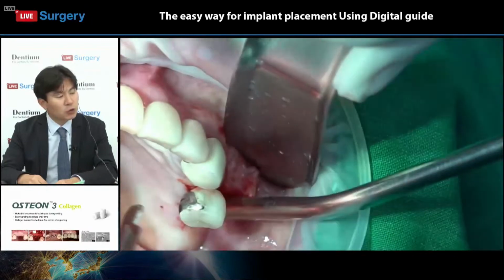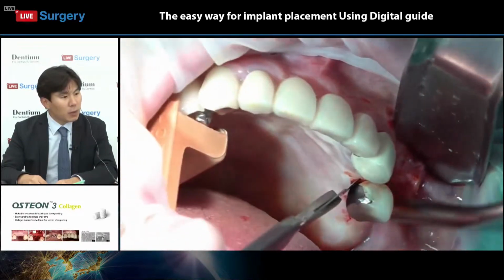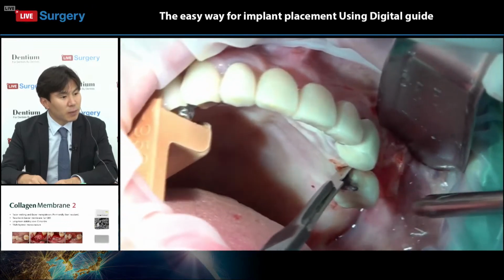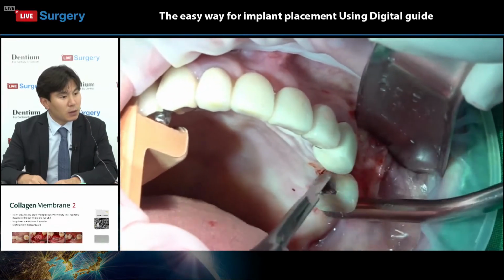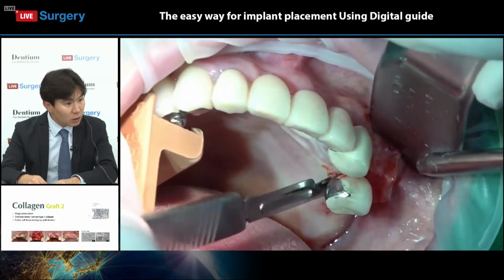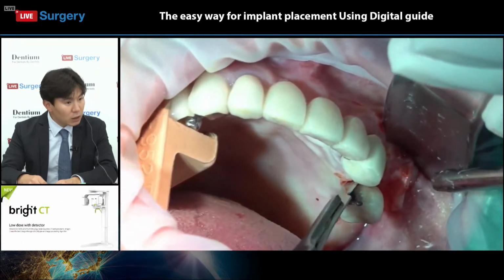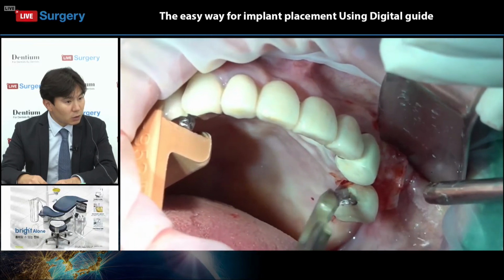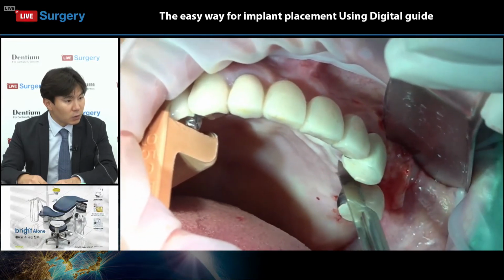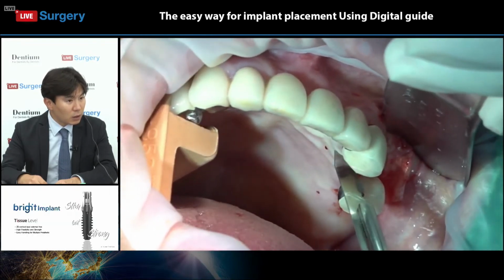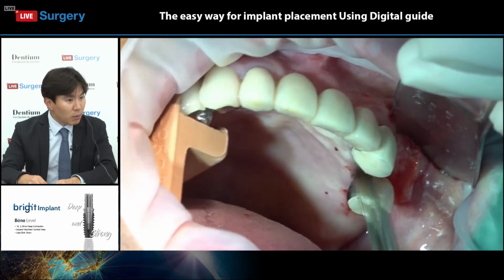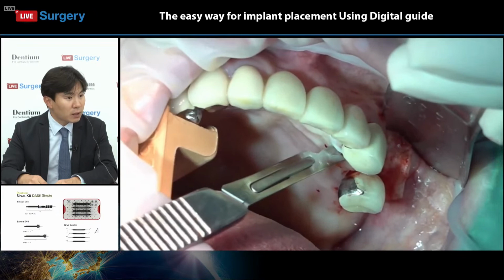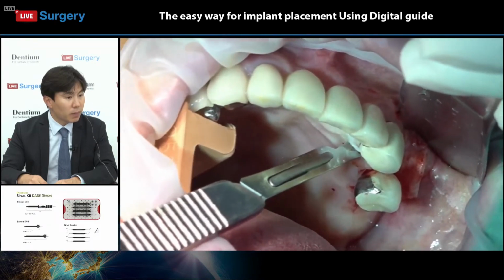I think he wants to make a palatal incision, and he is continuing. He is making a circular incision on the 25 area, and he is continuing a papilla sparing incision toward the palatal side.